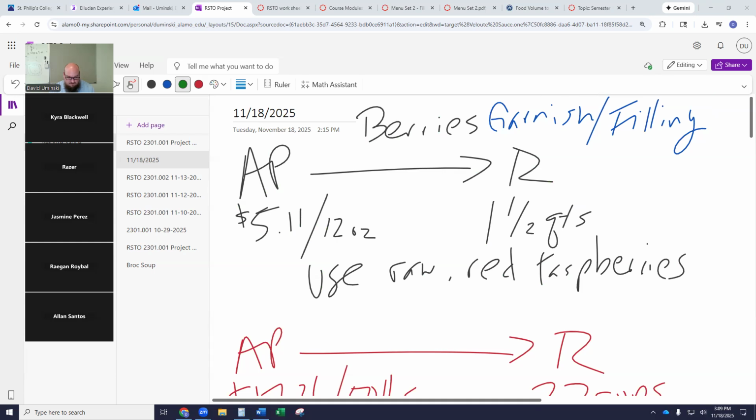I think I know where I went wrong. Okay, well let's talk it through. So the red raspberries were 5.11 for 12 ounces. I have to check my calculator, but I think that may be where I went wrong.